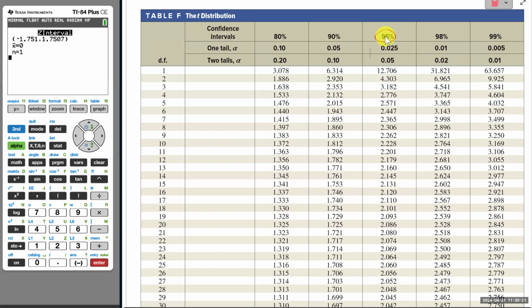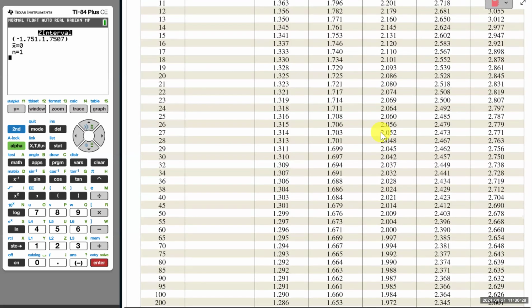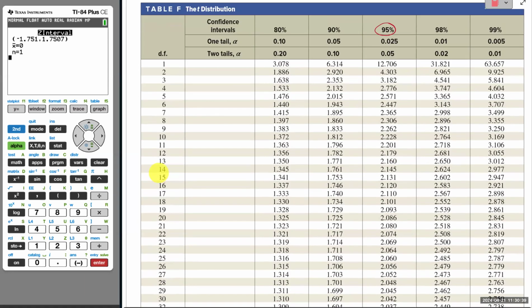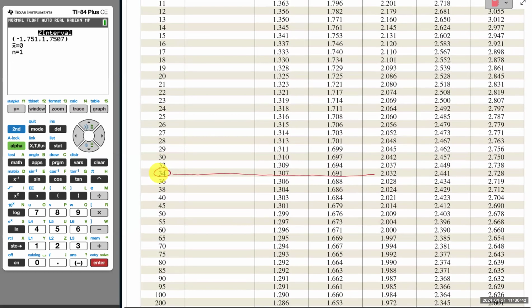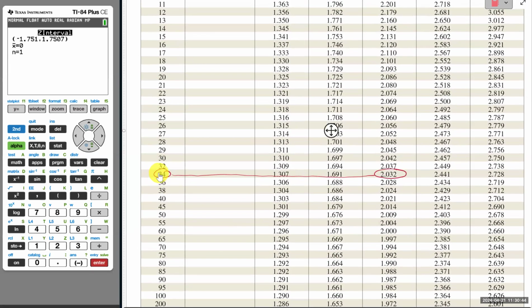So 95% confidence interval. This T table gives you the T values. And we want to go down to degrees of freedom 34. All right, so coming across there to the 95% column, that is your T alpha over 2 value.